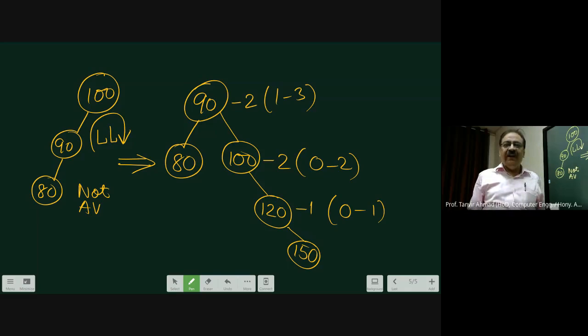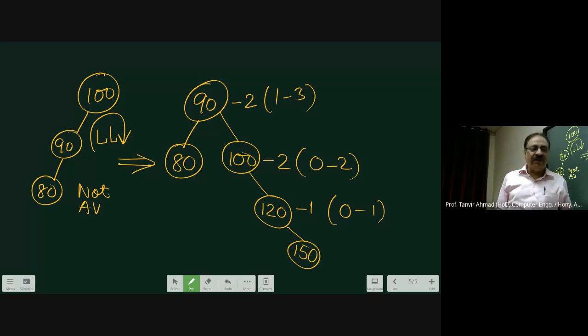Now here you find that there are two pivots. One is 100, another is 90. And it is a case where there could be more than one such node. There are two nodes which have a balance factor of 2 or -2.